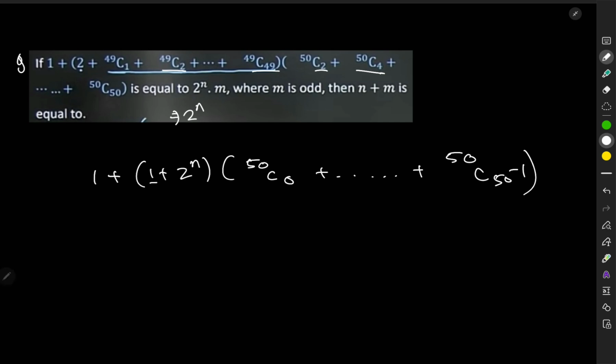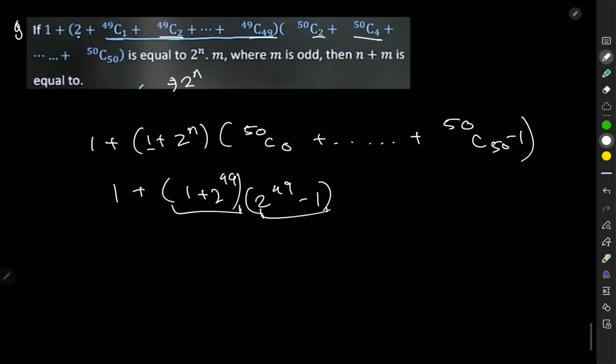Because for the simplification, I'm going to write it like this. So I'll get 49 minus 1 as one bracket, and what about this? 49. Yeah, and this will be this. I wrote it like that for this simplification, which is 1 plus 2 to the power 98 minus 1.